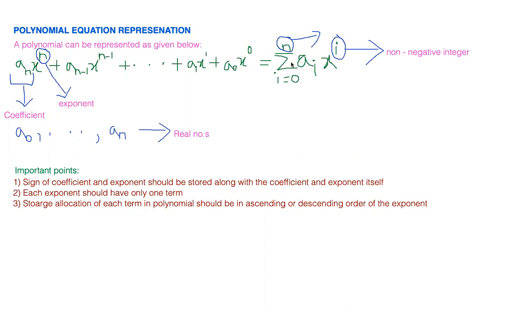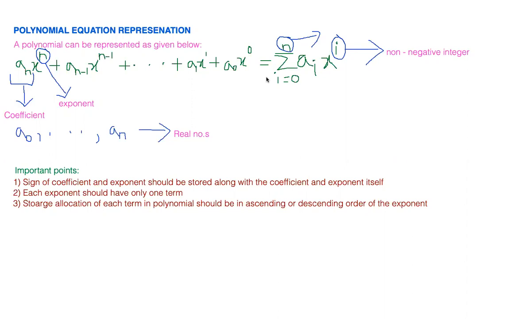So this can be represented as the summation of i equals 0 to n of ai x to the power i. Now what is this term ai known as? This term is known as the coefficient of the polynomial, and this power i is known as the exponent of the polynomial equation.